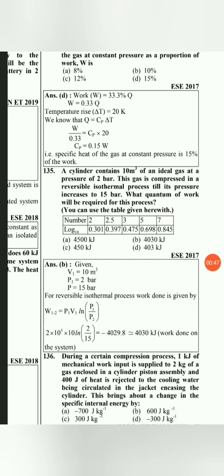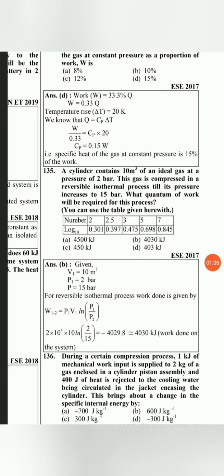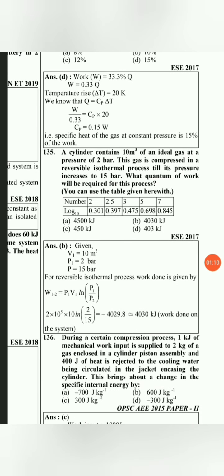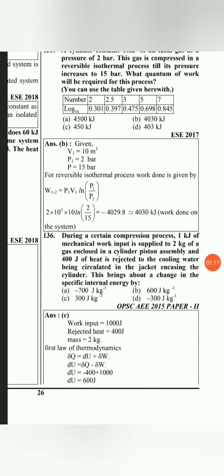So the work done can be written as 2 into 10 raised to 5, times volume 10, times log to the base e of 2 upon 15. If you solve this, you will get the final answer, minus 4029.8, that is approximately 4030 with a negative sign, which is work done onto the system by the surroundings. So option B will be the right answer.